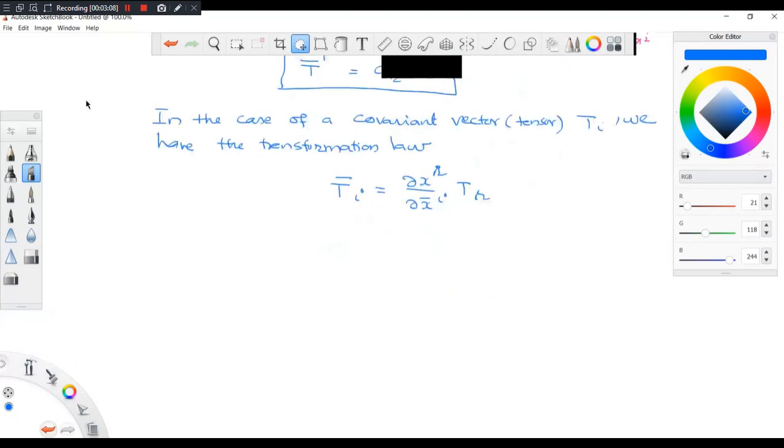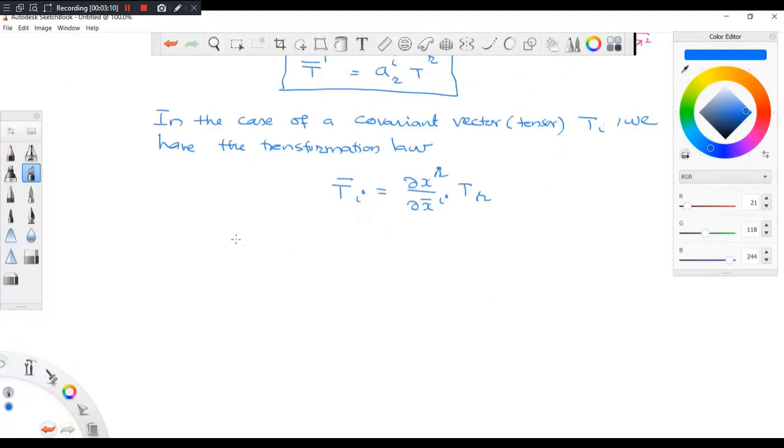So here what you will get? Here I will get T bar 1. So therefore T bar I is precisely del x1 by del x bar I T1 plus del x2 by del x bar I T2 plus del x3 by del x bar I T3.